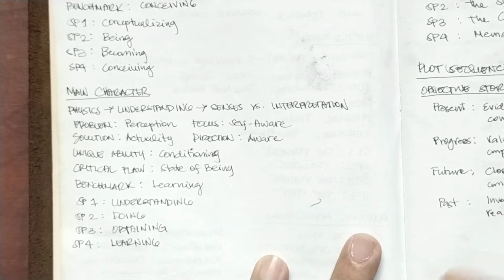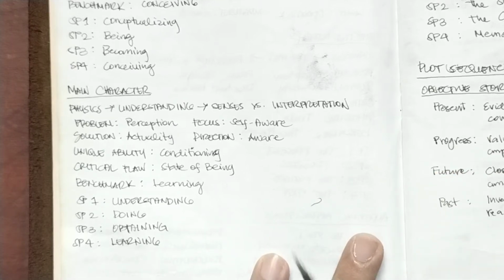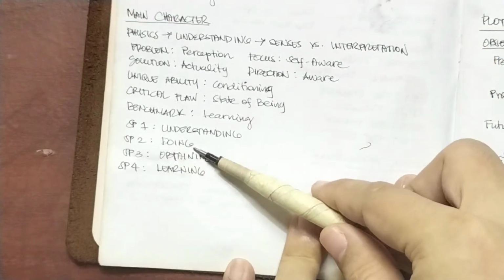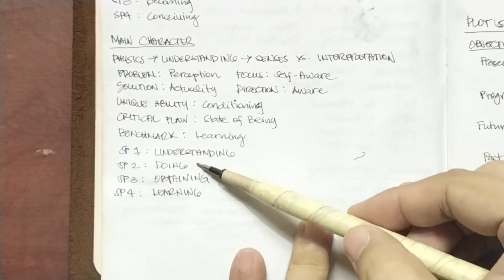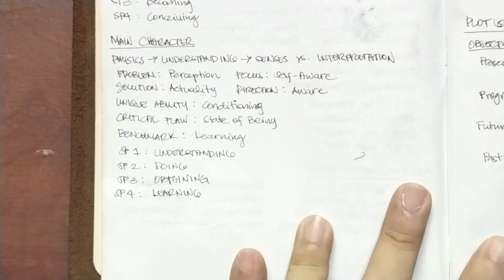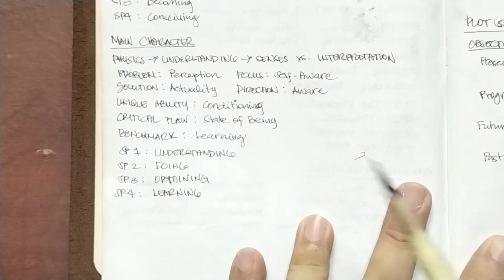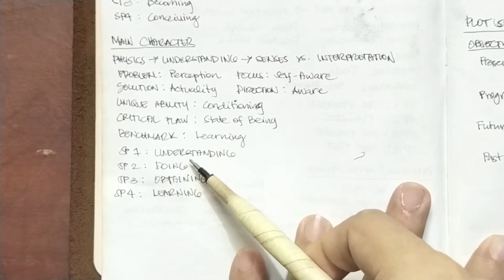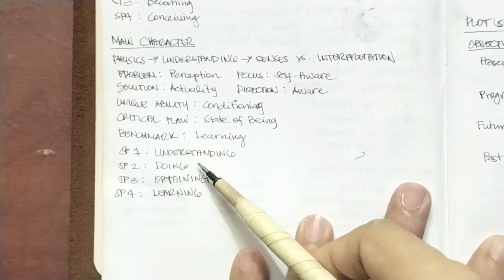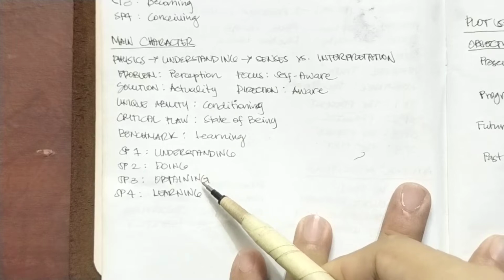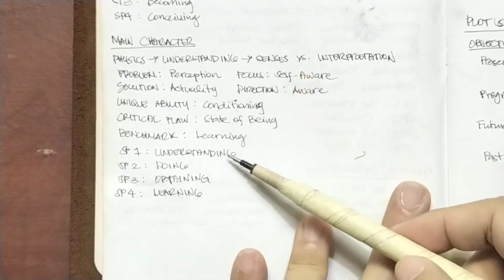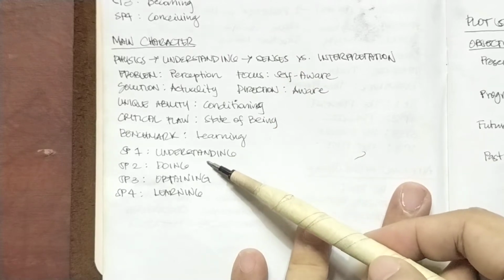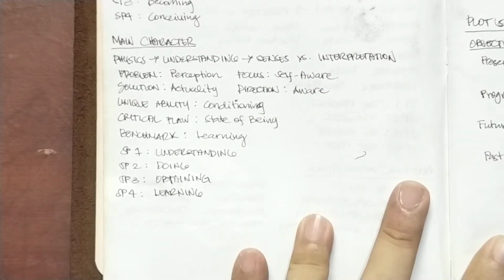So how does it progress? You understand something and it starts doing something, right? Or not doing something. And then it starts obtaining or losing something. So it's trying to keep something here, or protect something. Then he loses that, then he deals with that, then he learns. Okay, so first he misunderstands, for example, which is exactly what this story here is.